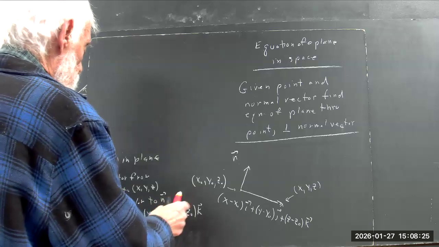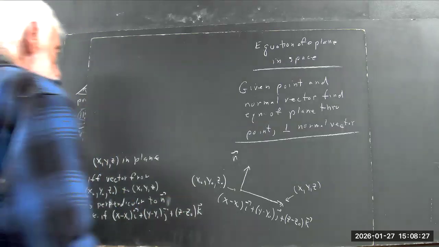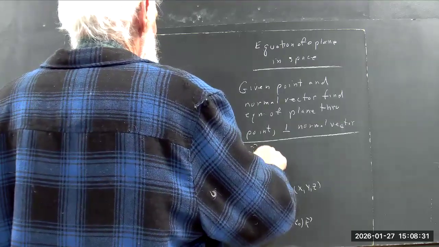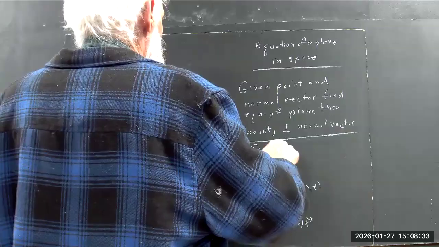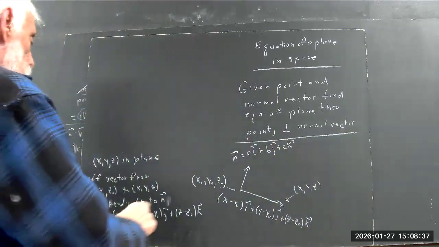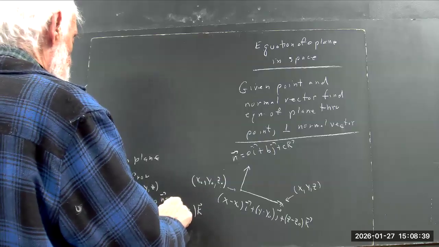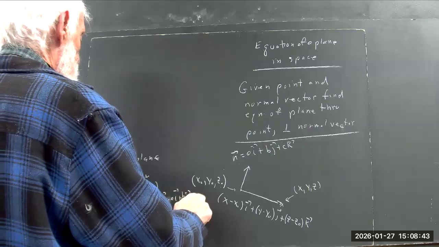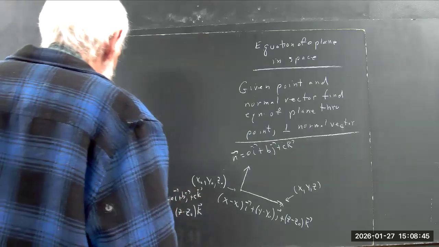Now let's give N some components. Let N again be AI plus BJ plus CK. So N equals AI plus BJ plus CK.